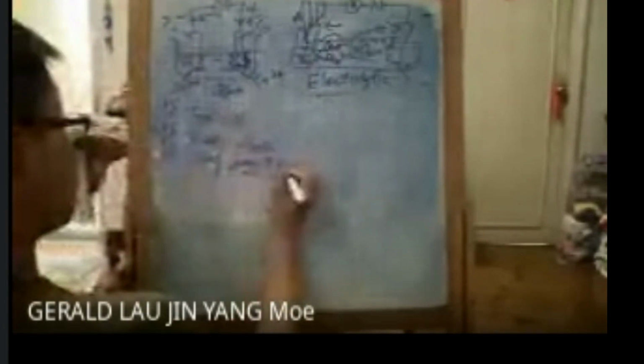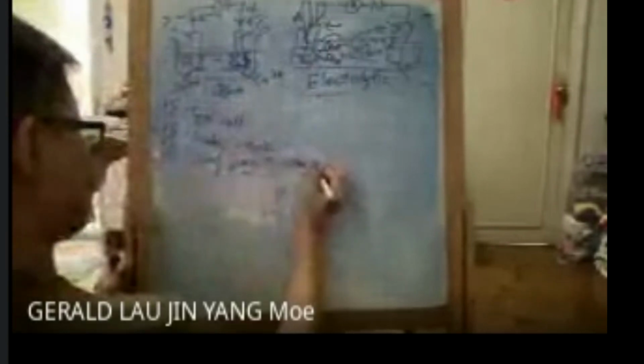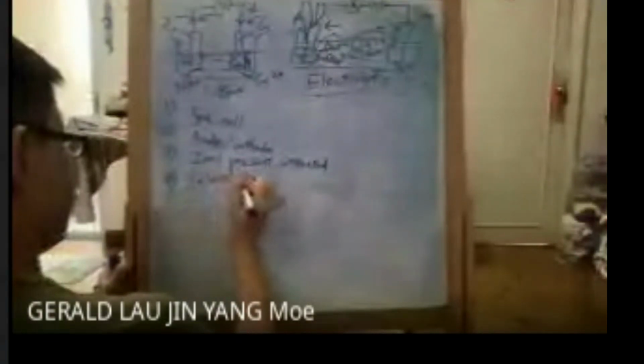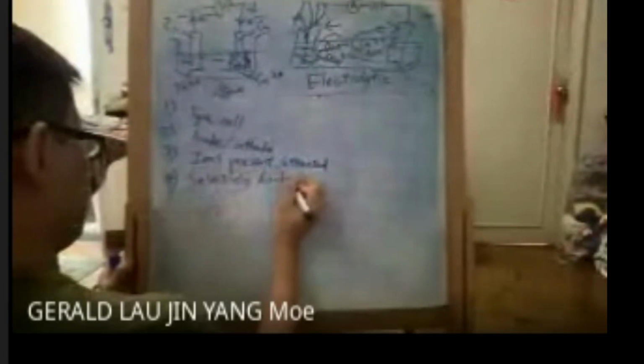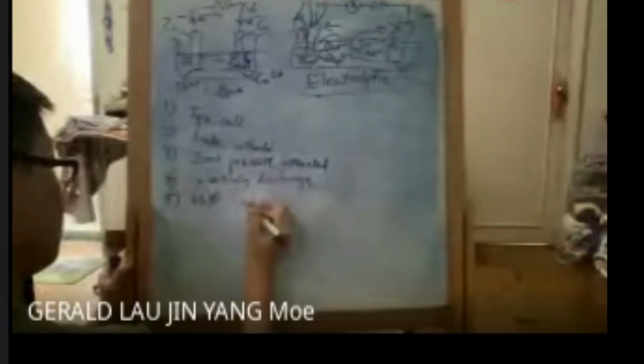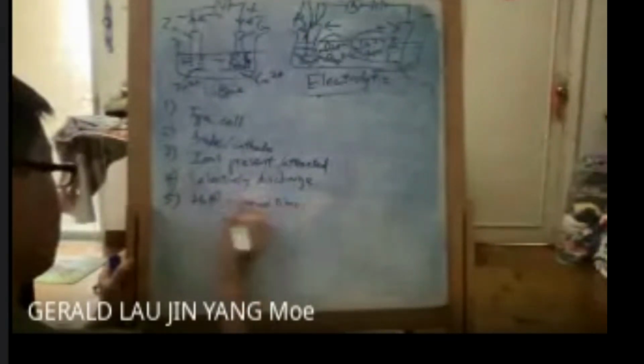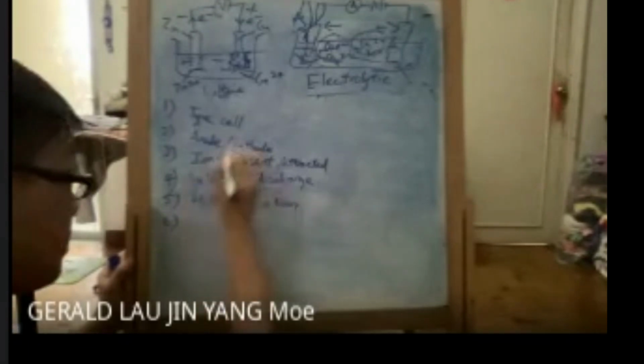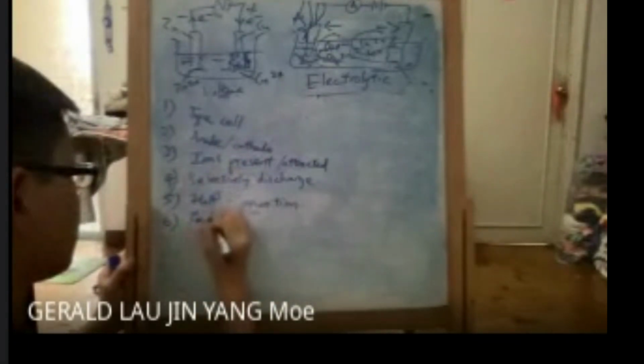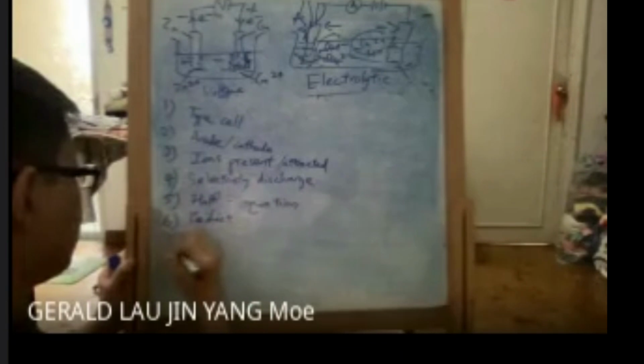Third one will ask you to say the ions present or attracted. Fourth, selectively discharged. Then the half equation. Six, they will ask what is the product. Seven, observation.